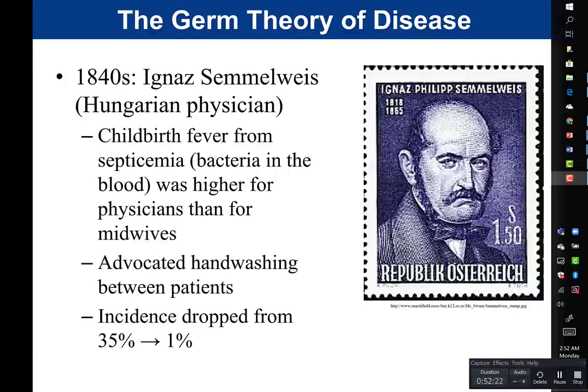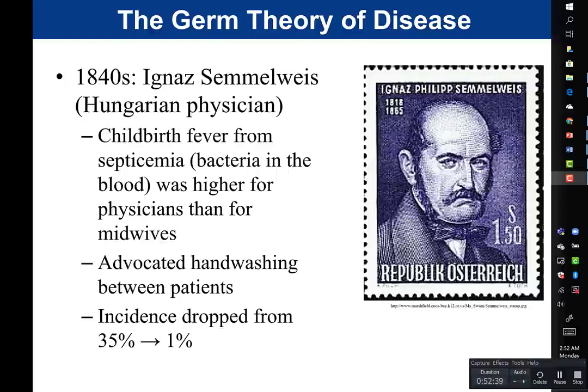However, midwives did not do dissections. They weren't involved in dissections. And when the midwives would deliver the babies, there was a lower incidence of death from this childbirth fever.